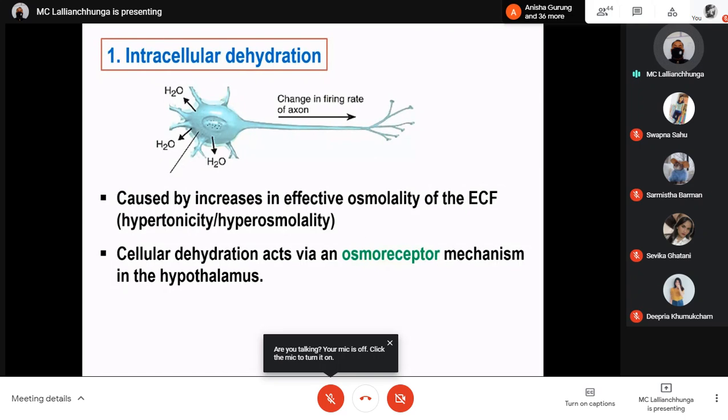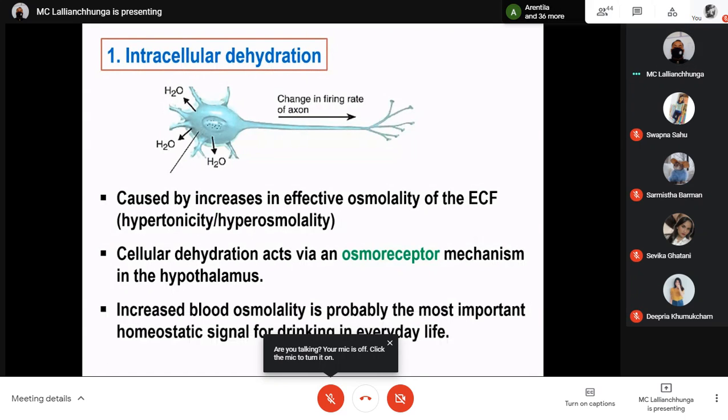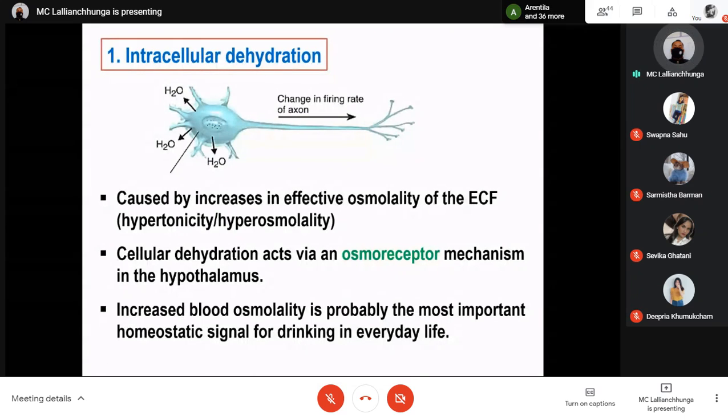So osmoreceptors in the hypothalamus will be stimulated. That is the thirst center, the thirst osmoreceptor. Increased blood osmolality is probably the most important homeostatic signal for drinking in everyday life. So this is very important.